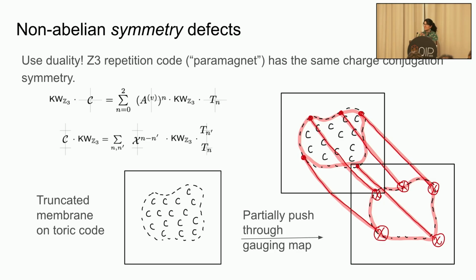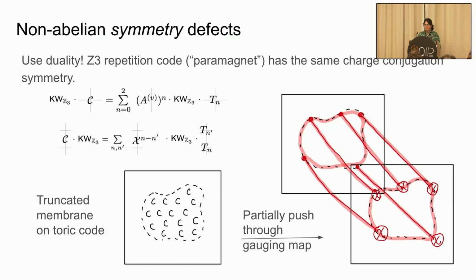And what will happen is I'm going to leave this trace behind, this set of red controls, where the control is acting on the paramagnet, and the control is the paramagnet degrees of freedom, and the action of the gate is on my toric code degrees of freedom. And the charge conjugation operators in the bulk disappear because I've moved them onto the paramagnet, where they act trivially.